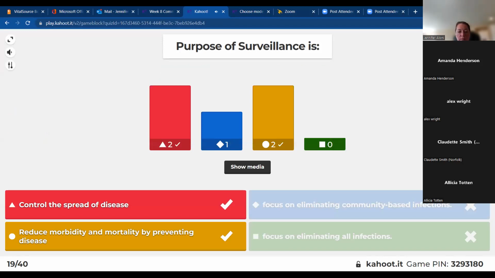Oh, we ran out of time there. All right, so when we're surveilling, what we're going to be doing is looking at the control of the spread of diseases. We're going to be trying to reduce our mortality. We're not going to be looking so much at infections. We're going to be looking more at our disease process with surveillance.